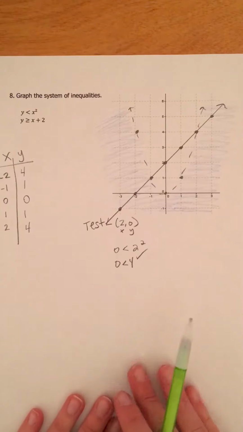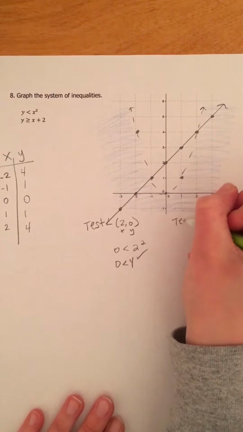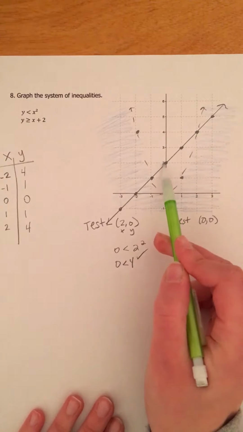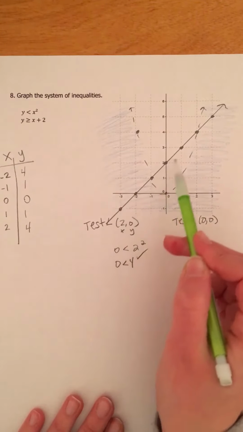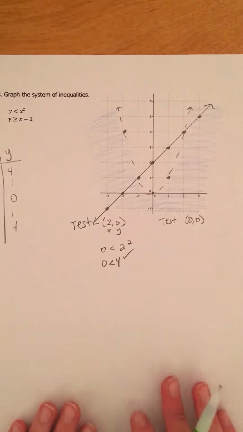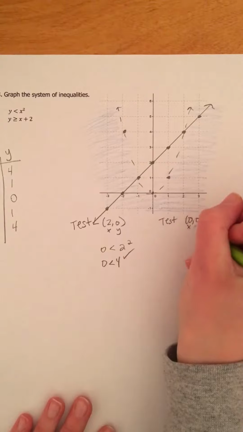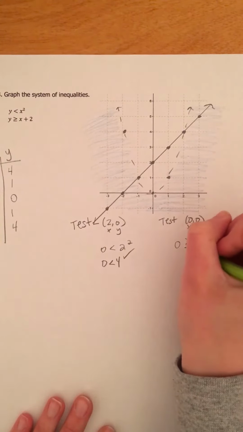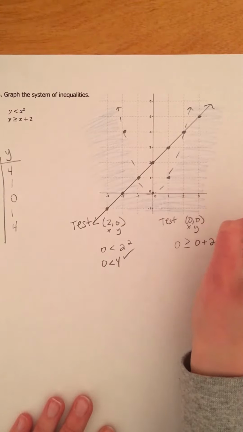All right, let's test this area. I'm going to use 0, 0 on this one because that's not a point on the line, right? All of these points that I just plotted, I'm not allowed to plug in because it wouldn't really help you. So let's plug in 0 for x, 0 for y into the second inequality. 0 is greater than or equal to 0 plus 2.